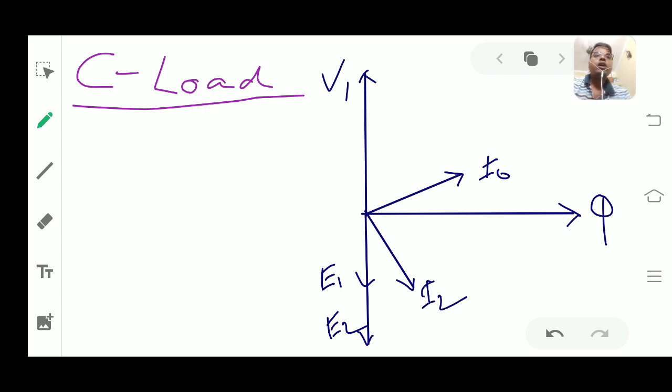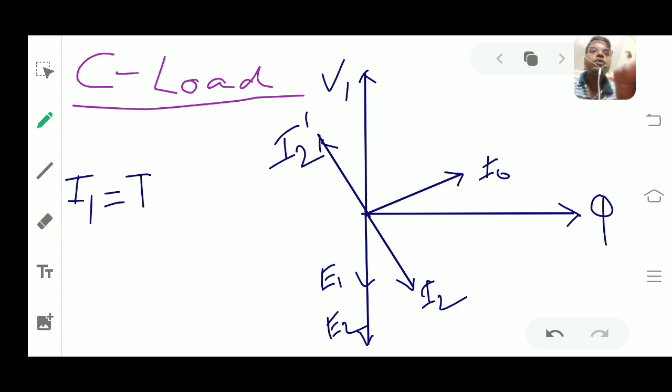So now where will be I2 dash? It will be just opposite to the I2. So let us draw that I2 dash. It will be opposite, so it will obviously be in this direction. This is I2 dash. Now as we know, I1, that is primary current, is equal to I naught plus I2 dash, the same thing.